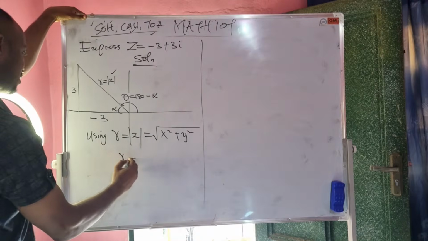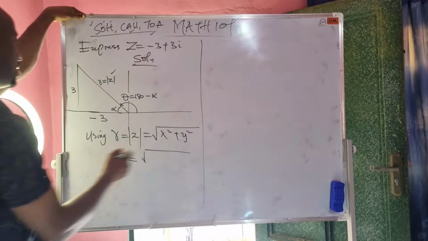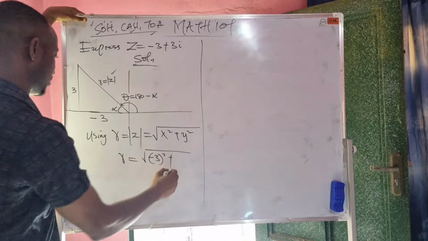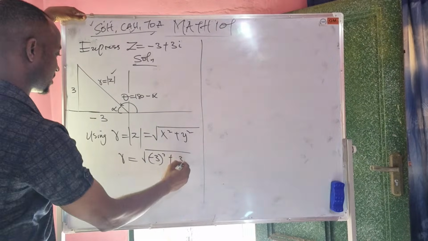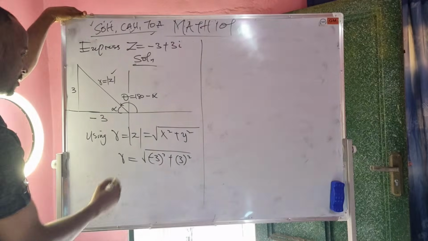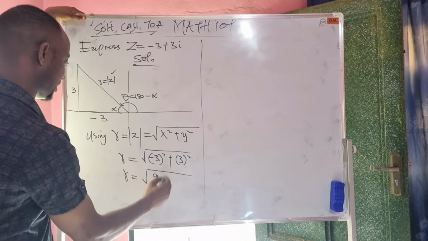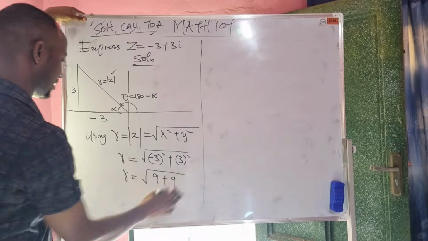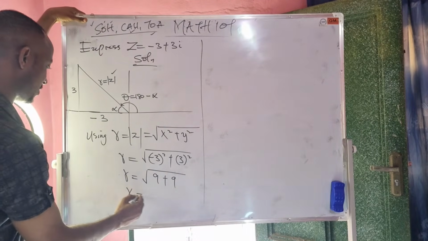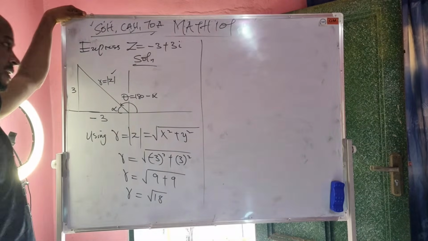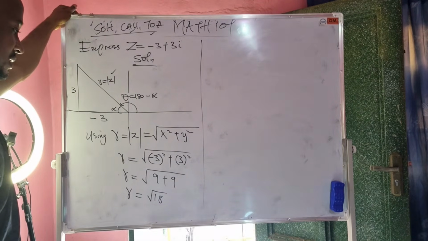So R equals the square root of minus 3 all squared plus 3 squared. The value of R becomes the square root of 9 plus 9. Then R equals root 18.